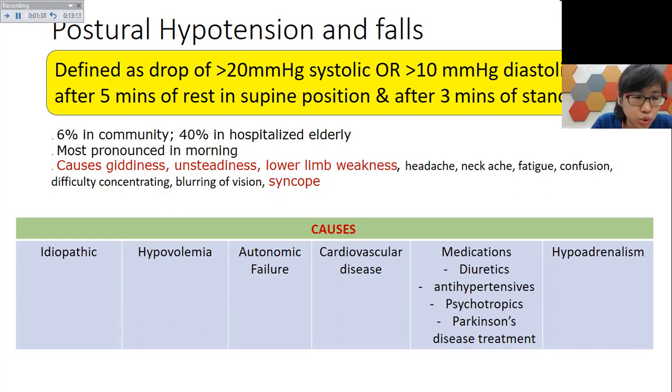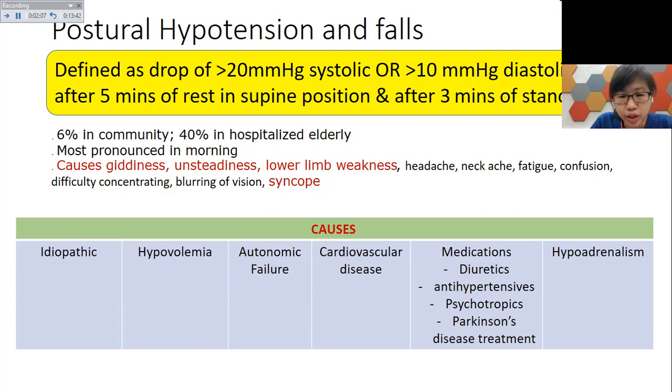Neurogenic causes will be that of autonomic failure, and the non-neurogenic causes will be hypovolemia, cardiovascular disease, medications, and hypoadrenalism. At times, even despite optimizing all these, it may be an idiopathic cause that we can't identify. Hence, it's important to look through all these causes and optimize them to prevent postural hypertension.